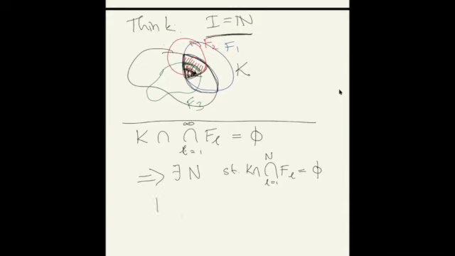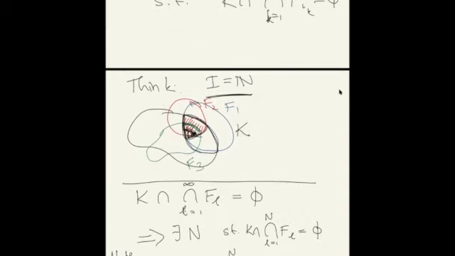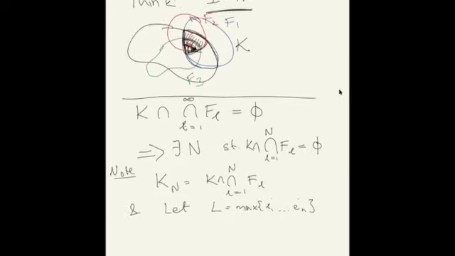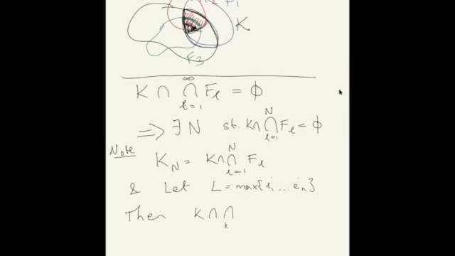Comparing this to above, if we define Kn as being K intersected with the first N of these, and let L be the maximum of I1 through I little n, the collection of points that we have here, then K intersected with the collection of Fik contains K intersected with the first N of these.